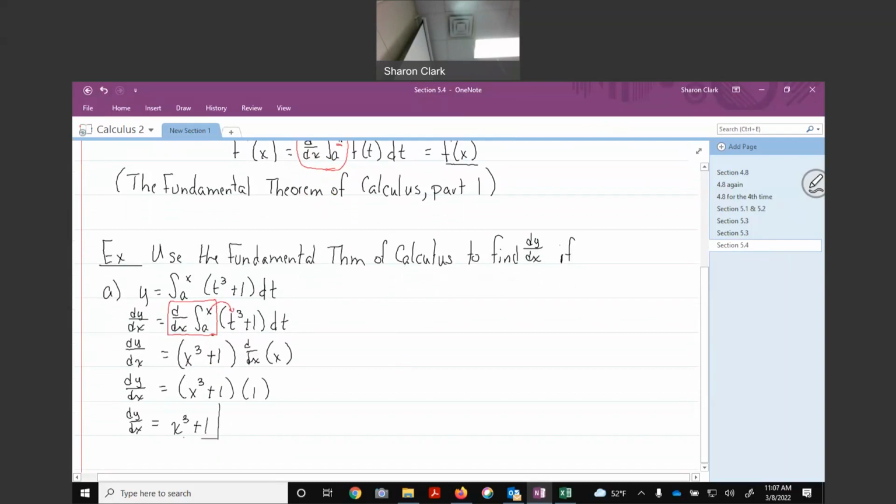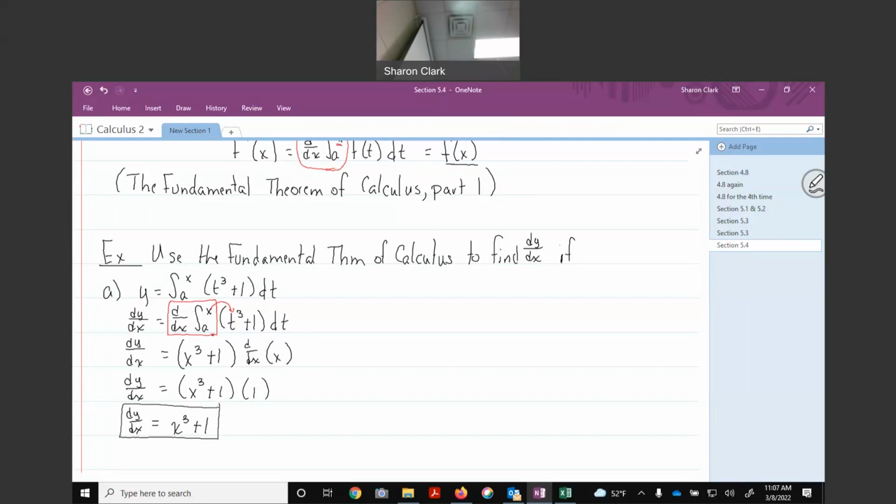Where does it say we have to multiply by the derivative? Because when you take the derivative, I don't know where it says that, but that's what you do.